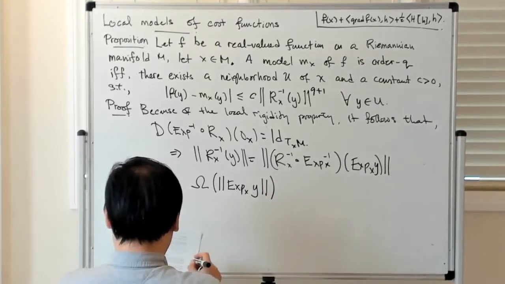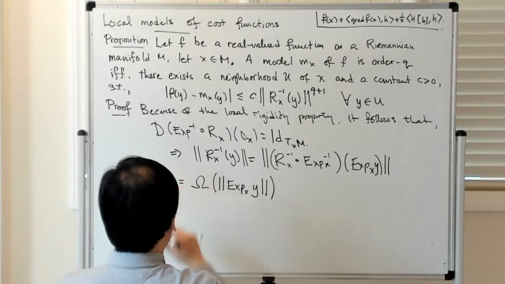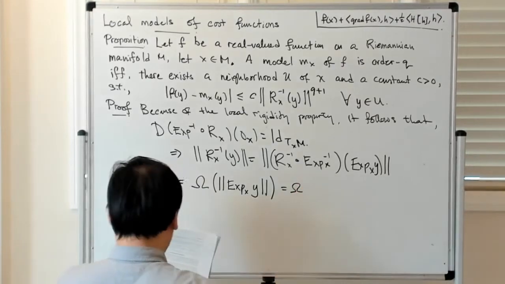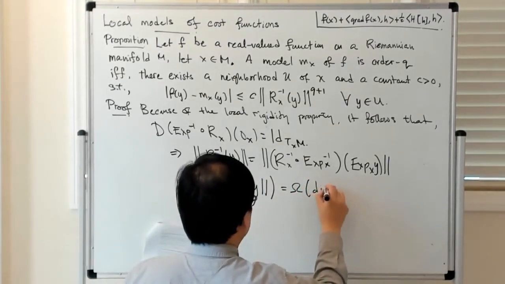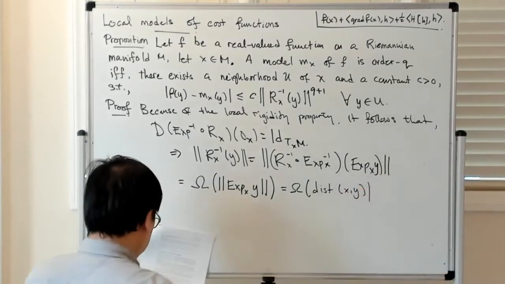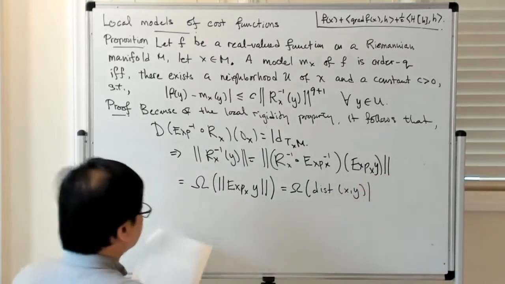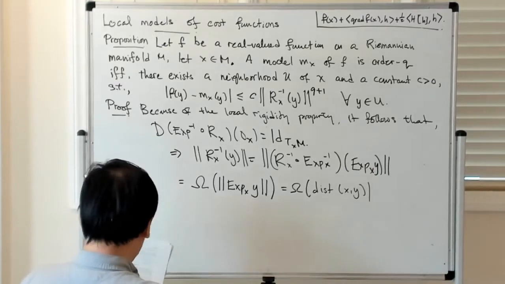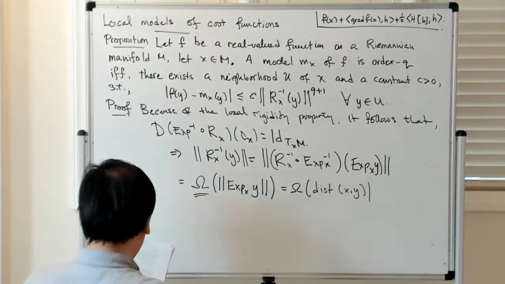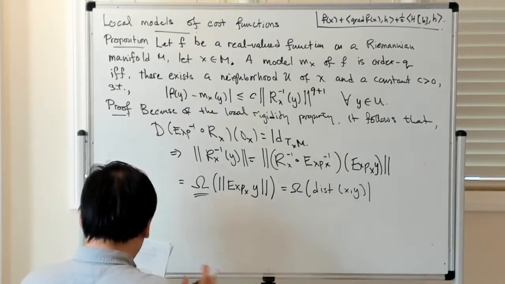So this is equal to that, and this is omega of the distance, if you will. This is one of these asymptotic notions like big O. I won't go into the details.